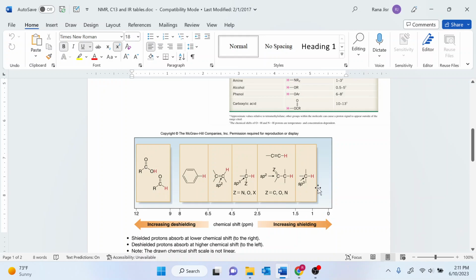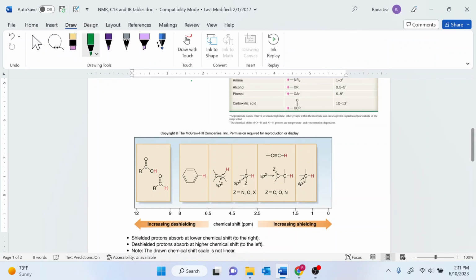The first signals that you normally see in the proton NMR are the sp3 hybrid carbons, whether we have a CH3, or a CH2, or a CH. And this is the order of the hydrogens on the sp3 hybrid carbon. The CH3s normally appear before the CH2s and then the CH.